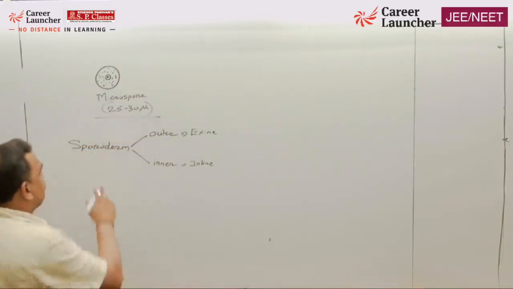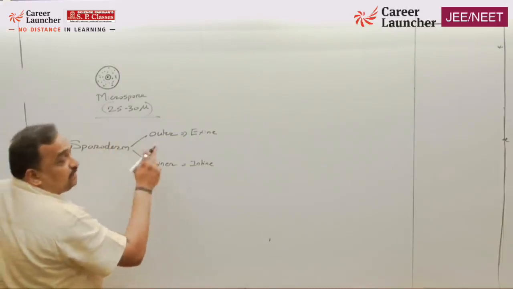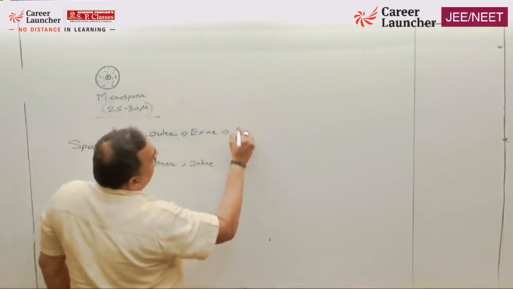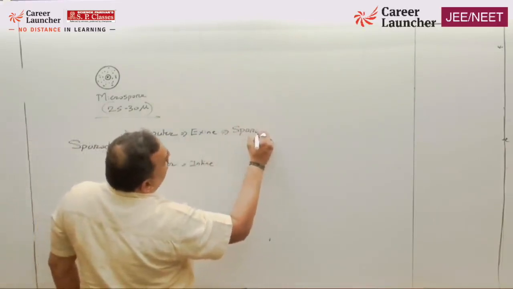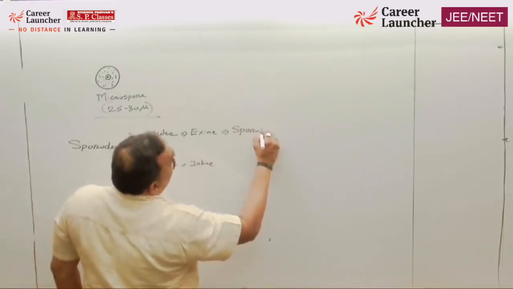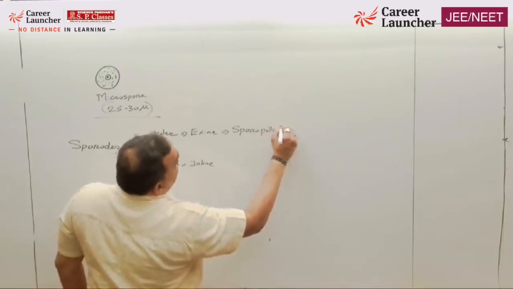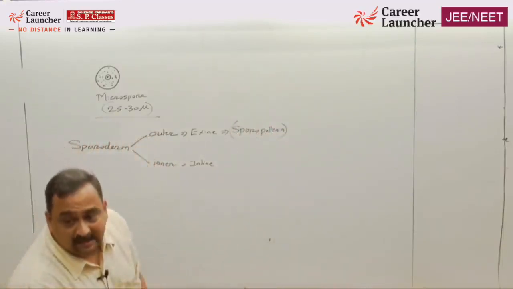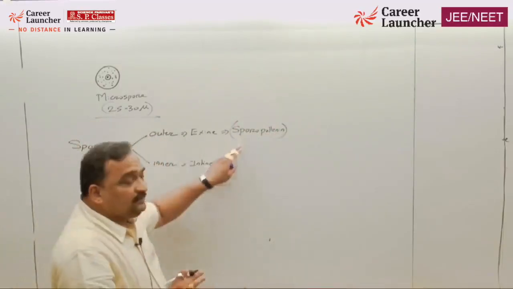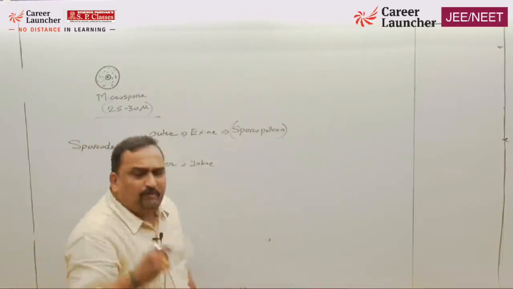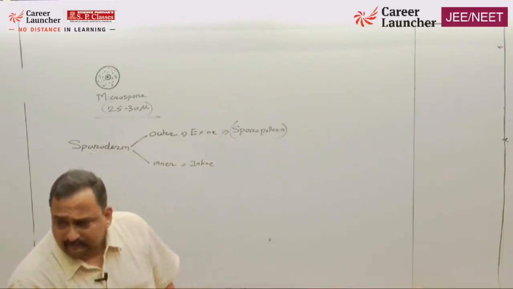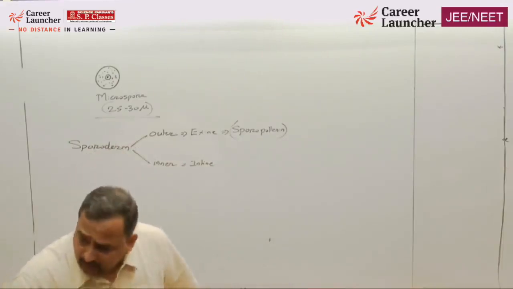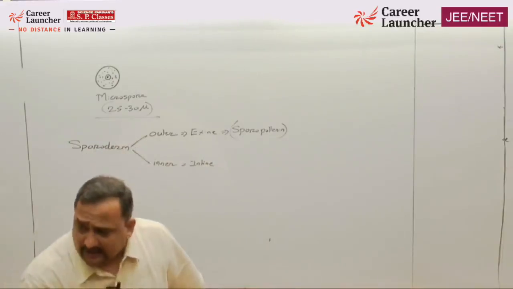Right. It has got 2 external coverings. The outer covering is called exine. The exine is made up of a chemical called sporopollenin. This is naturally produced, and it is the one which cannot be degraded by any enzyme. It is resistant to changes in temperature, to acids, and to alkali.